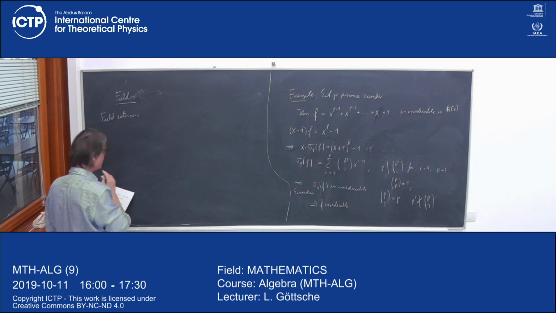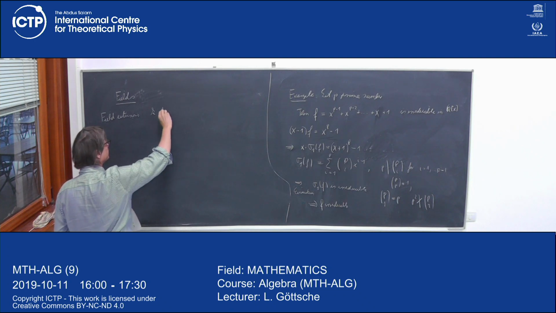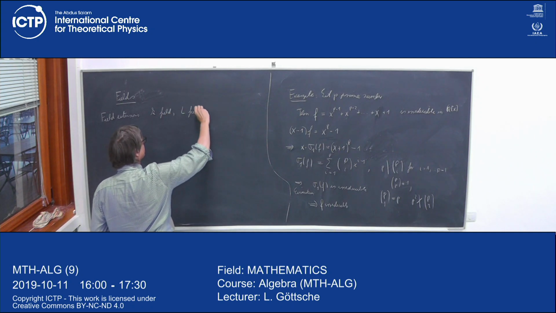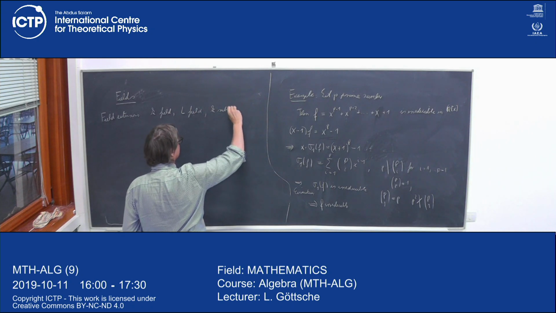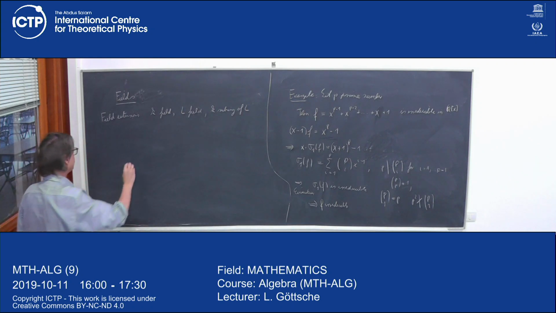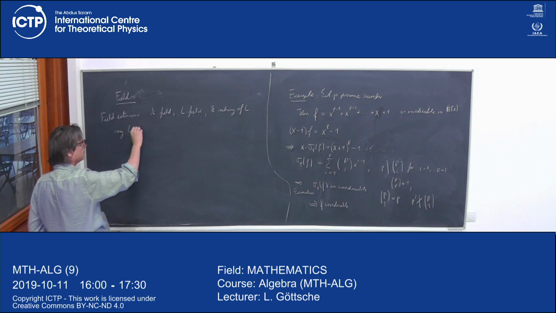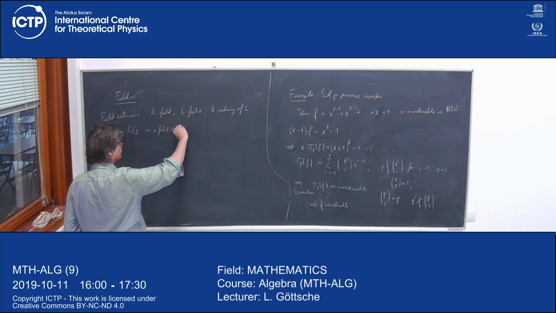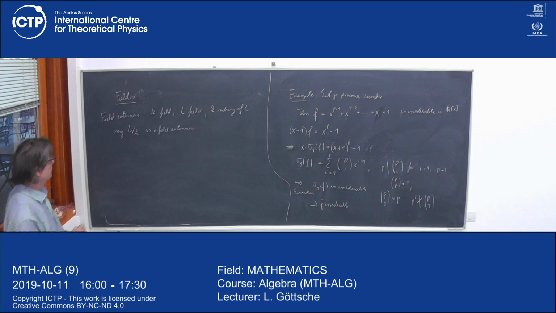So this means we have K a field, L a field, and K is a subring of L. Then we say that L over K is a field extension. And we want to understand something about field extensions, particularly algebraic field extensions.